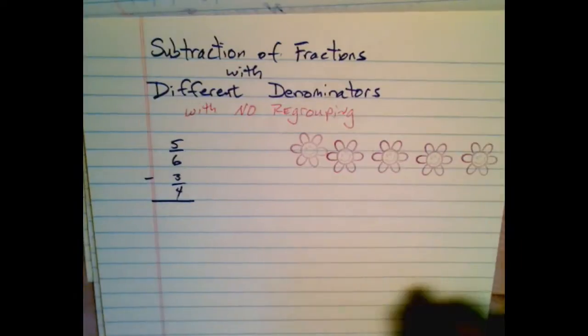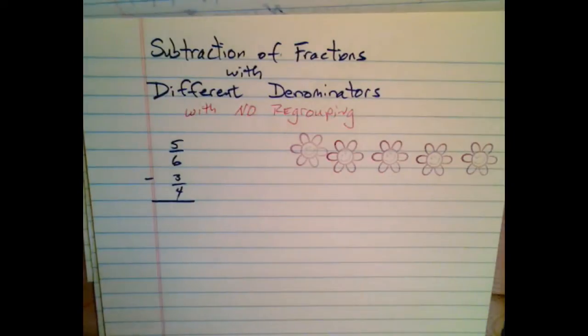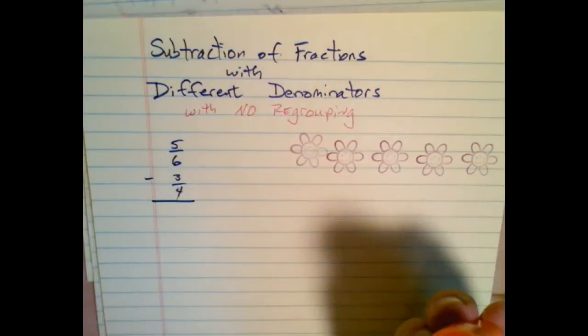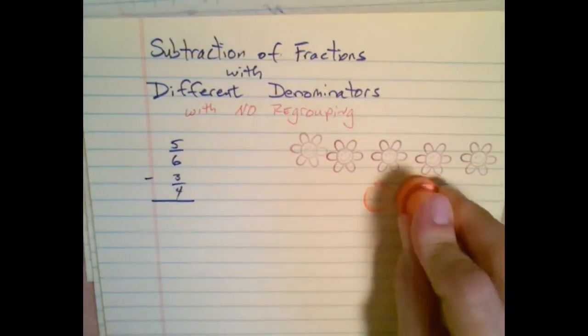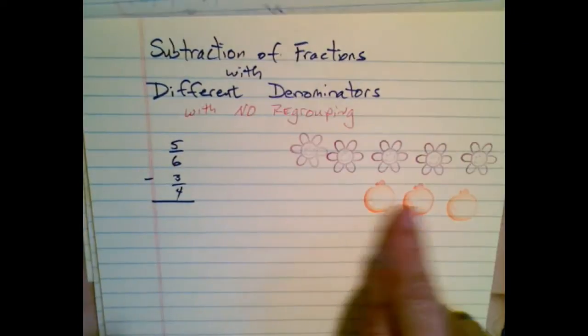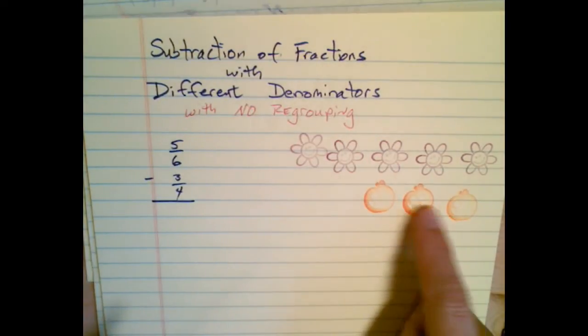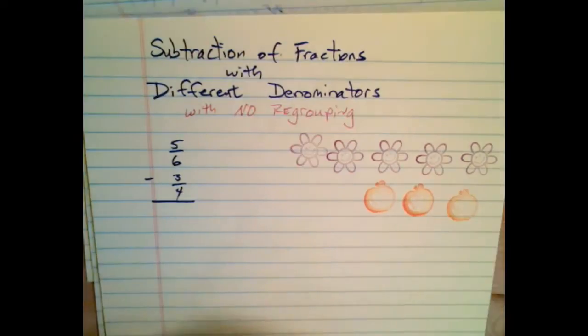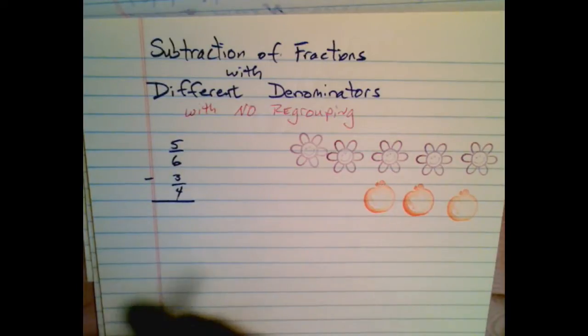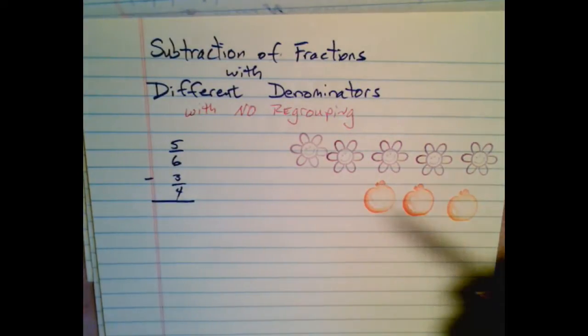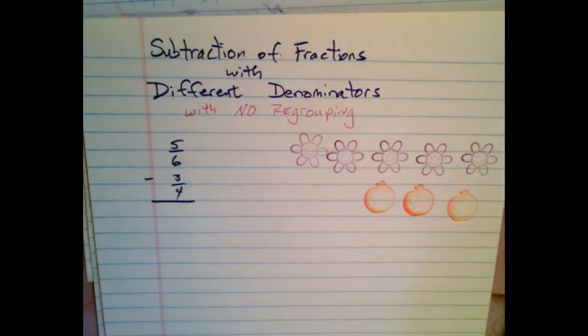There's 5 of these, and if I ask you to take away 3 of these, can I take 3 of these away from 5 of these flowers? 3, I guess they look like pumpkins. Can I take 3 pumpkins away from 5 flowers? No, because they're different. So things have to be changed before I can combine them with adding or subtracting.